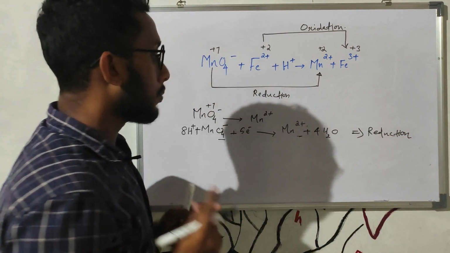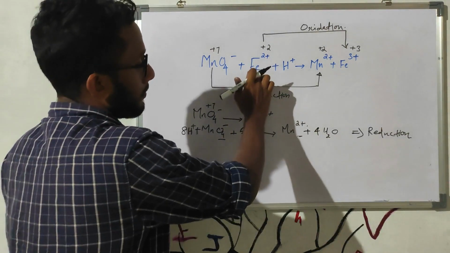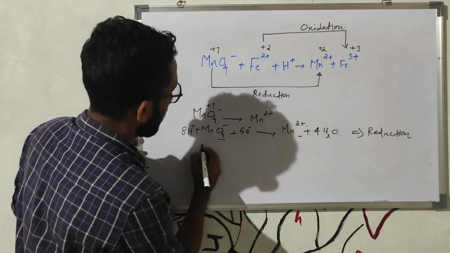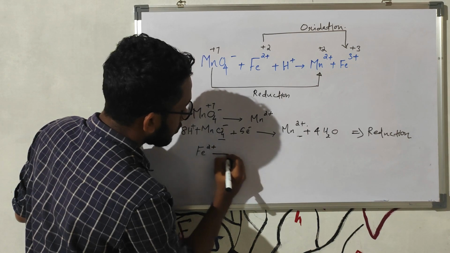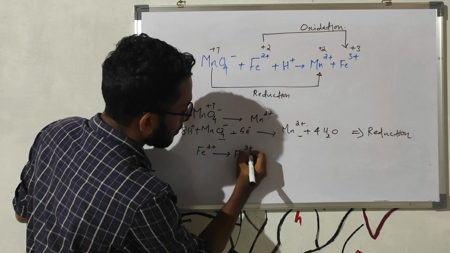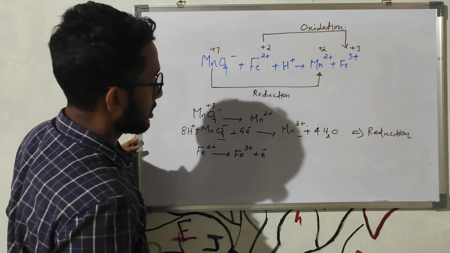But we have to do one more step by completing the oxidation also. Fe2 plus into Fe3 plus is the oxidation reaction. Fe2 plus is converting to Fe3 plus by giving an electron.